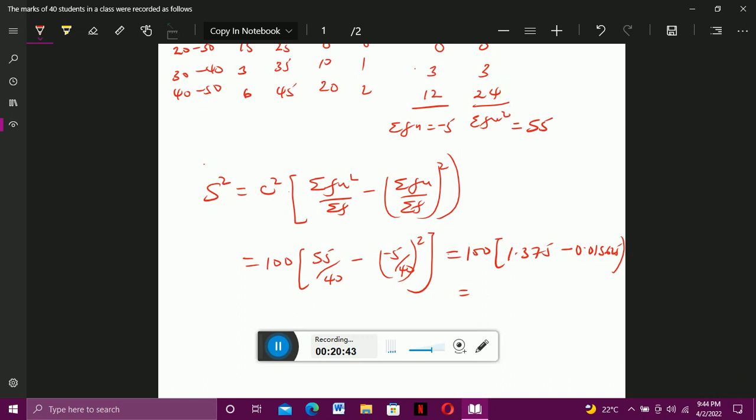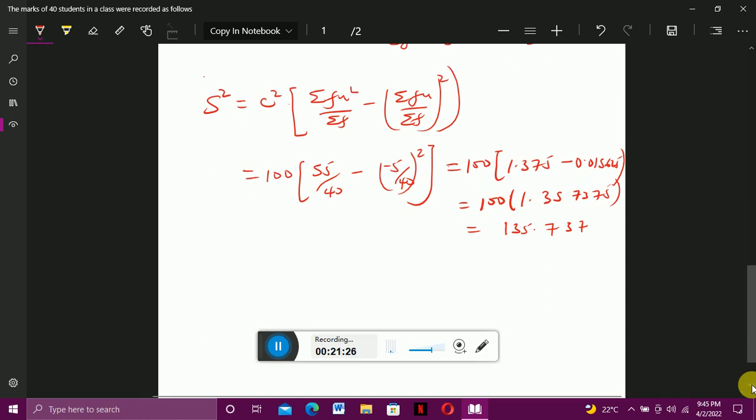So we multiply 100 by 1.375 minus 0.015625, and we get 1.35975. So this is approximately 135.97. So that is the variance.